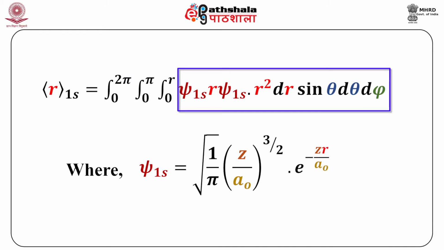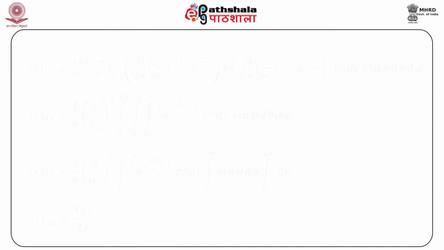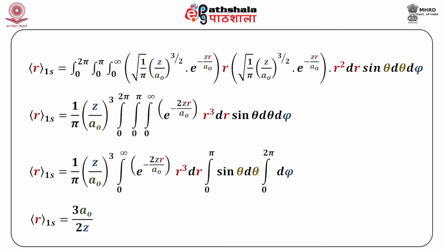So it will be psi 1s, r, psi 1s, and then the volume element will be r square dr sine theta d theta d phi. And if we substitute the value of psi 1s, which we have already calculated, and then solve this using standard integral, you can see we get the average mean radius or average distance of the electron from the nucleus to be 3a0 upon 2Z.